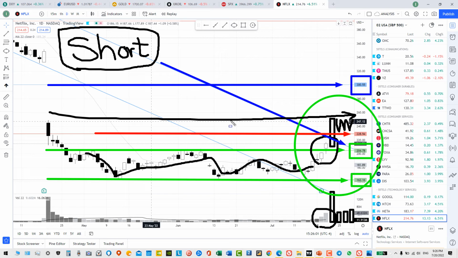So please do not rush into conclusions that everything now is okay and Netflix turned upwards and the trend line has been finished and a new uptrend is in the making. No, do not rush into conclusions before a break above the monthly resistance above 228 takes place and confirms it.